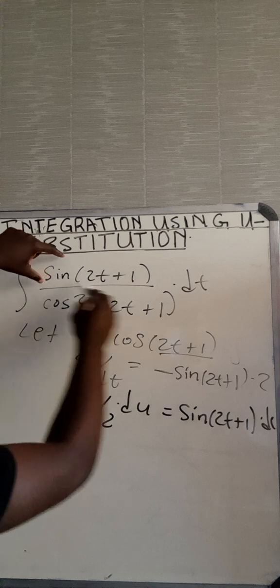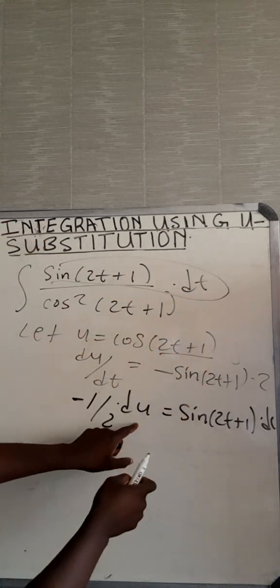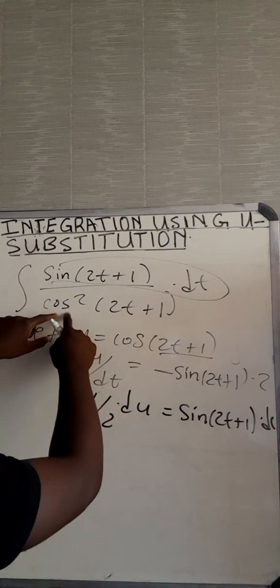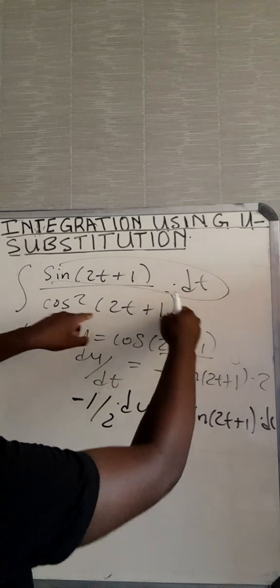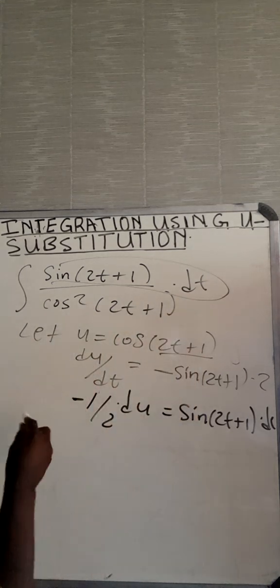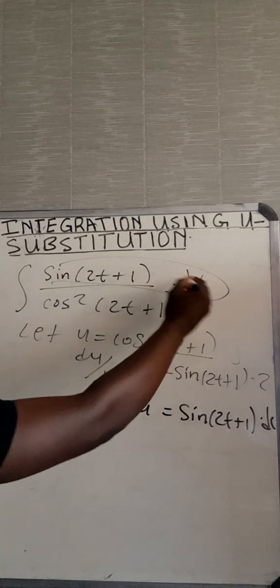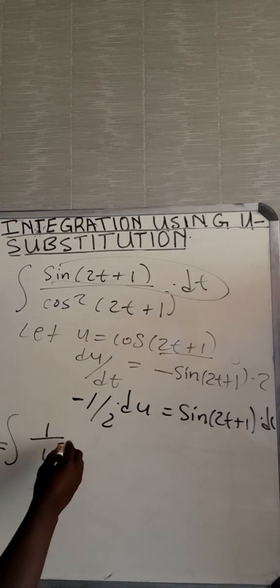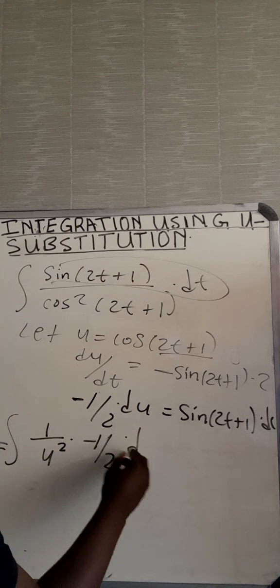You see, here, this guy we're going to replace by minus 1 over 2 du. And this cos of 2t plus 1 all squared, cos of 2t plus 1, we are going to replace by u. So the integral will be equal to 1 over u squared times negative 1 over 2 times du.